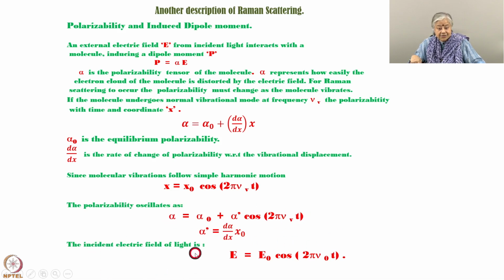The incident electric field of light, as you know, is given by this, because it has a particular wavelength or frequency nu 0. Just see the distinction: nu v is the vibrating mode of the molecule, while nu 0 is the frequency of the light.